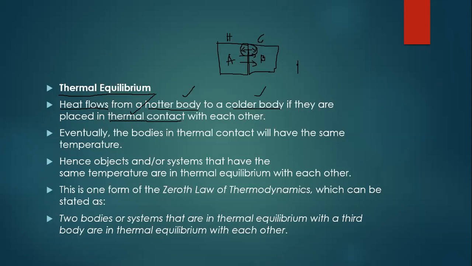Even if they are spaced, one body here and one body there, if there's a surrounding medium which can transfer heat, maybe water or gas or anything, we'll find that heat will move from one body to the other until eventually these two bodies, body A and body B, have the same temperature.